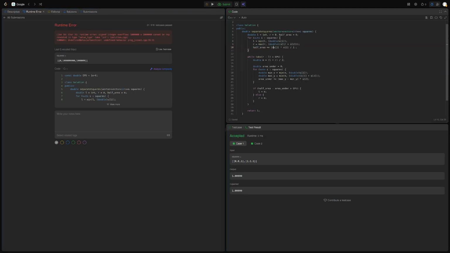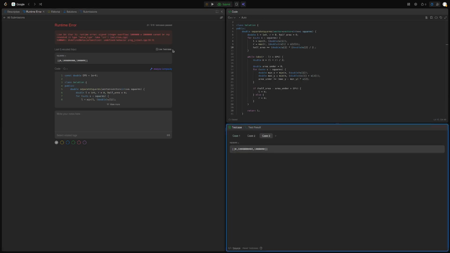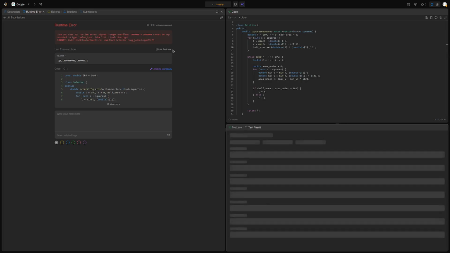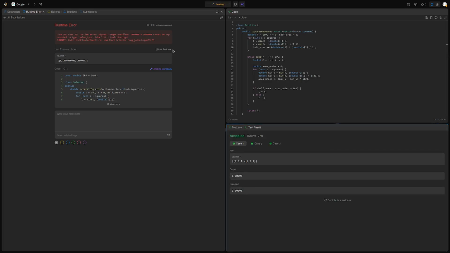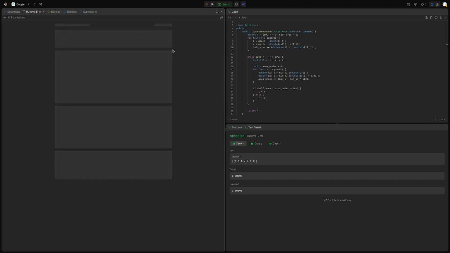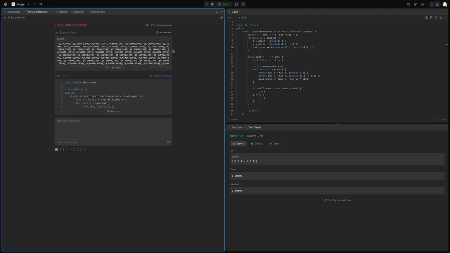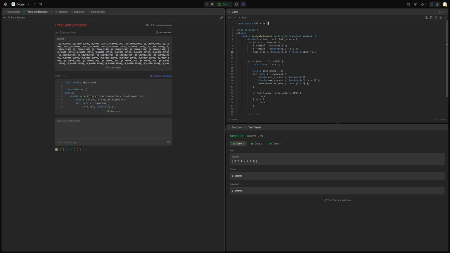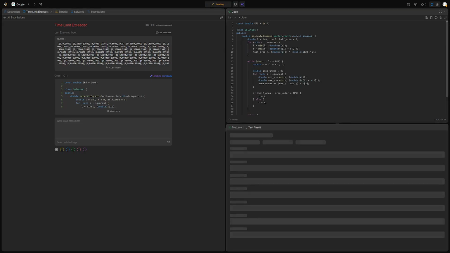Whoa. Double S2 times. I think double should have enough range to multiply this. Yeah, okay. Should pass. Time limit exceeded. Okay, maybe we can do it like that.